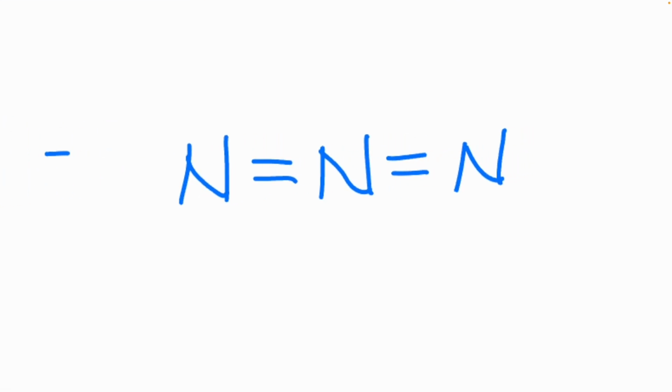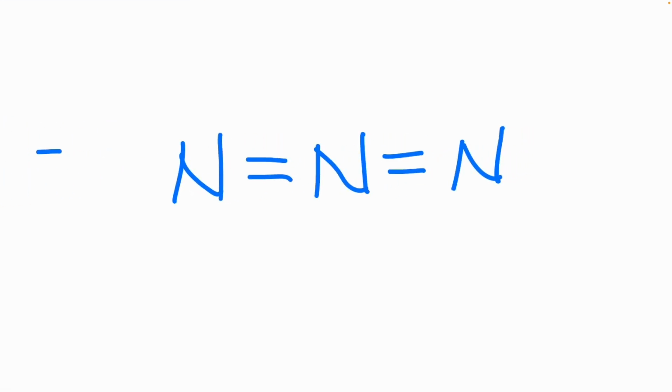All right, so my nitrogen in the middle here has 4 bonds. That means it has no lone pairs and a formal charge of +1. My nitrogens on either end only have 2 bonds. That means I need 2 lone pairs on each of these. And if it's got 2 bonds and 2 lone pairs, that means that they each have a formal charge of -1.